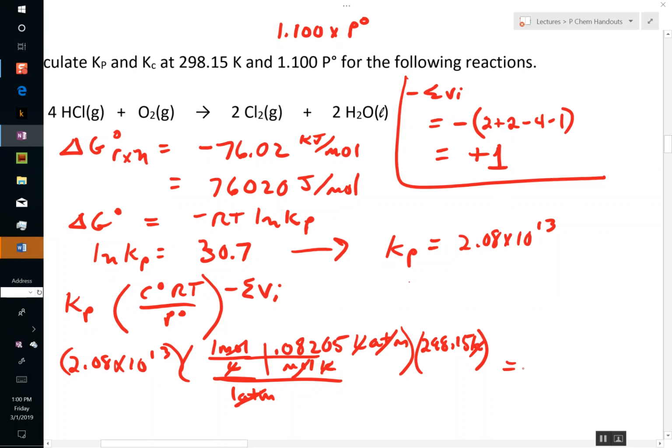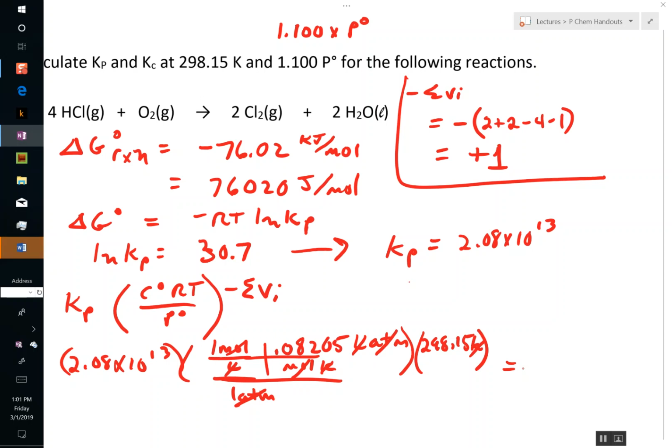I think this right here would make sense. It may not get you exactly the answer. I think the answer that's in there is going off of this in bars, and then it converts bars to atmospheres. But I think you could just do it that way. C naught is moles per liter, and this is liter atmospheres per mole K. All of those units cancel, and K ends up as a unitless number.